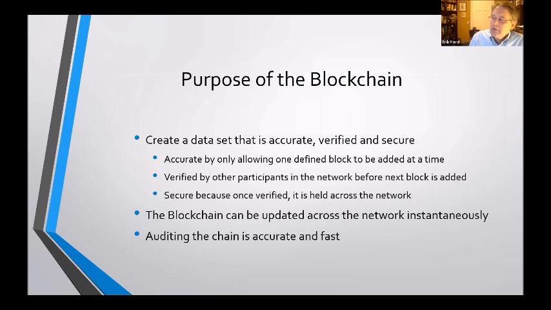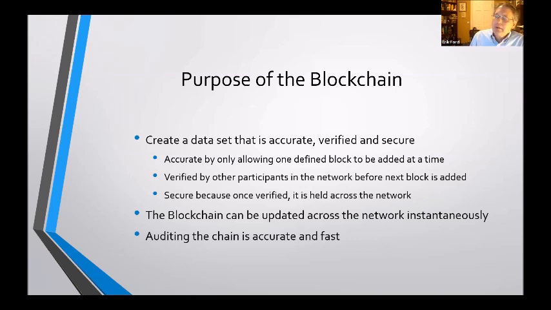And so if you say, well, here's the chain, and it shows that I own this, and everybody else says, no, that's not what the chain says, it's easy to uncover the fraud or misrepresentation. Blockchain can be updated across the network instantaneously.